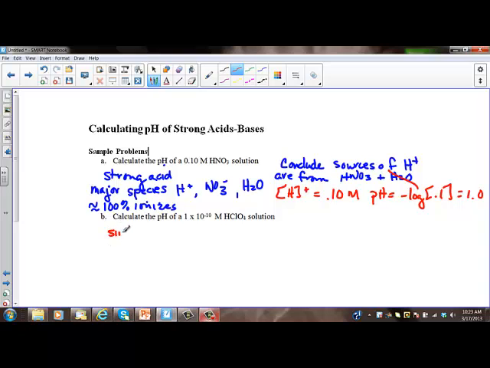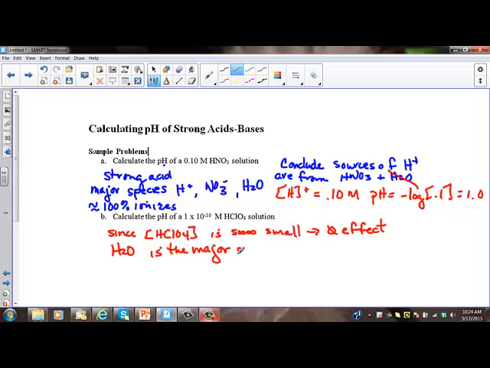And what we can conclude here is that since the concentration of HClO4 is so small, it really will have no effect on what's going on, and that the H2O is the major source of H plus.